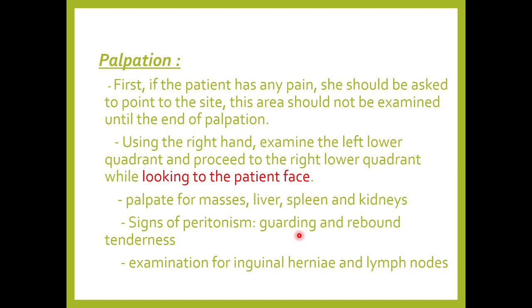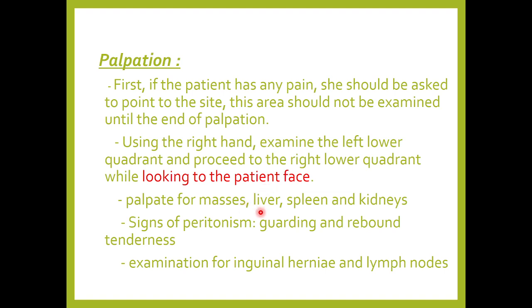Okay, next by palpation. As usual, you ask the patient for any pain. If there is pain, you start away from the pain and keep it until the end of palpation. Use the right hand, examine the left lower quadrant of the abdomen and proceed to the right lower quadrant. During any palpation, you should look at the patient's face because you may elicit tenderness.